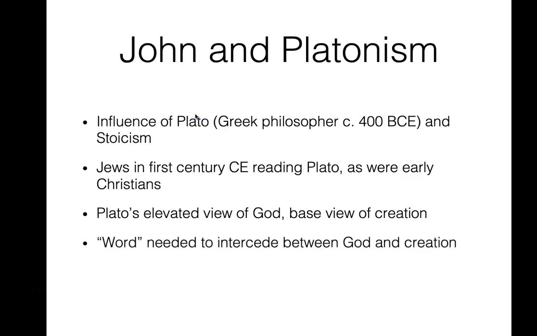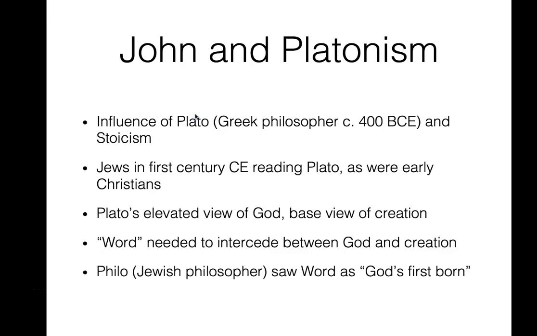Plato's answer was that there was a word that could communicate with God because of his own righteousness, but yet would be humble enough to interact with mankind. The Jewish thinker Philo expanded on this idea, calling the word God's firstborn. So we see John in his gospel drawing on the ideas already circulating in the secular world as a way to reach his audience of non-Jews in his gospel.